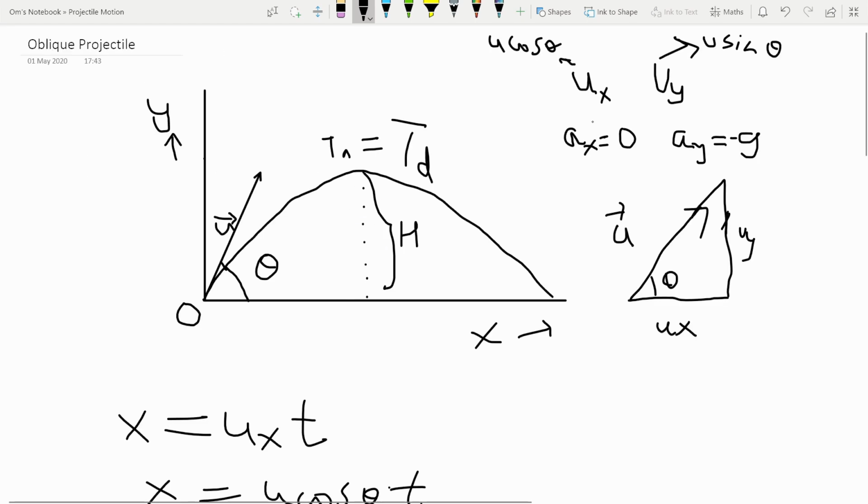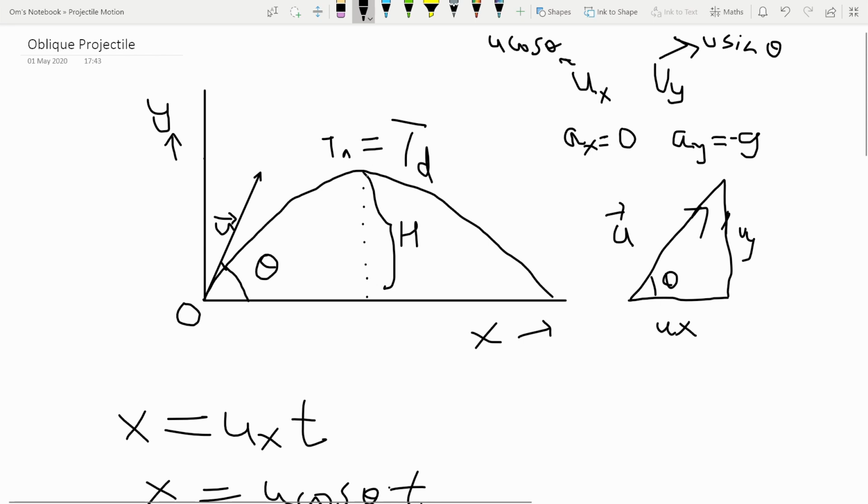Alright, so thing to note here is that the maximum height H is achieved when the vertical velocity is 0. And if you're not satisfied with me just stating it, you could think of it this way, right? If the highest height is not achieved at the point when the vertical velocity is 0, then it could still climb higher in a vertical plane.